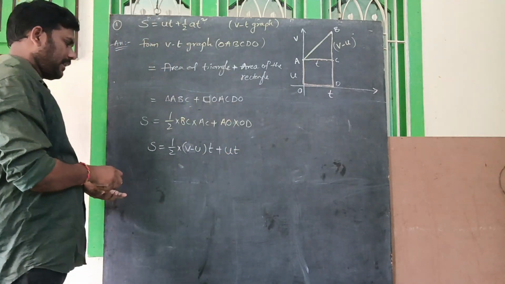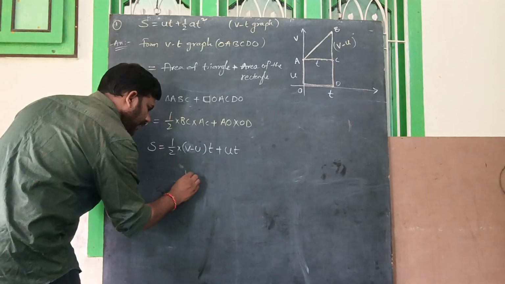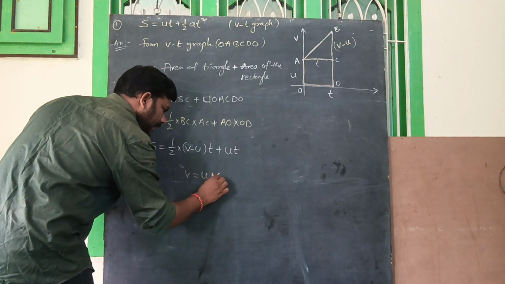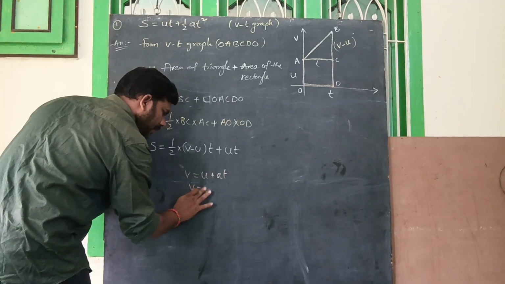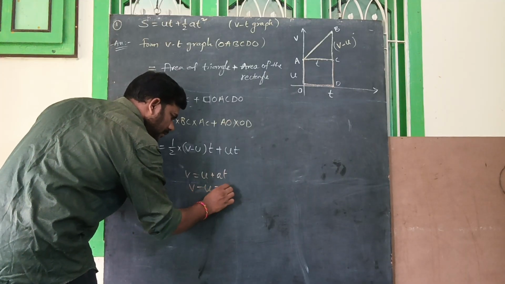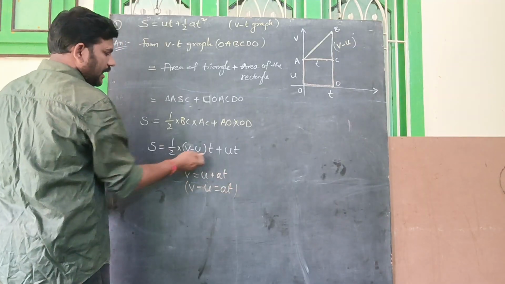From the kinematic equation, v is equal to u plus at, so v minus u is equal to at.